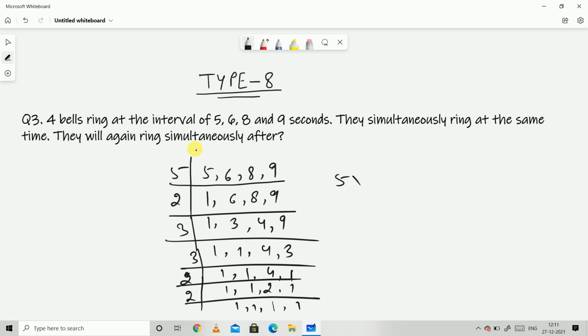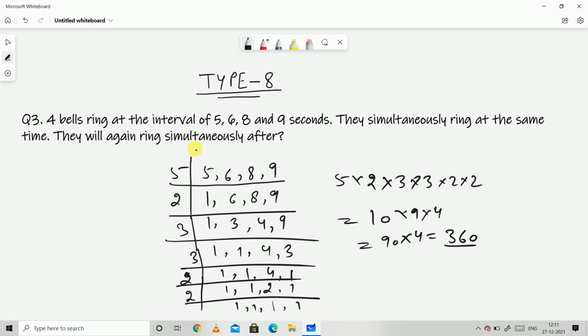So what is my LCM? 5 into 2 into 3 into 3 into 2 into 2, which is 10 into 9 into 4, that is 90 into 4, which is 360. So 360 came out to be my LCM.